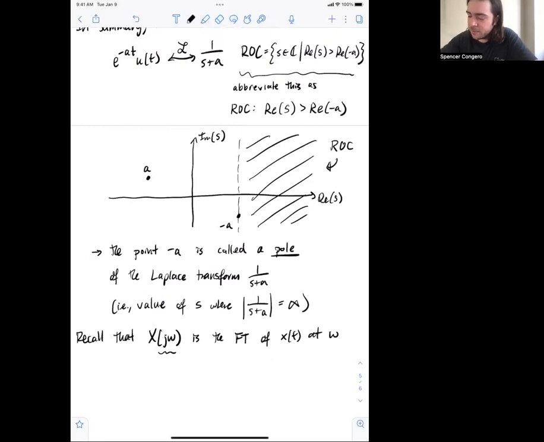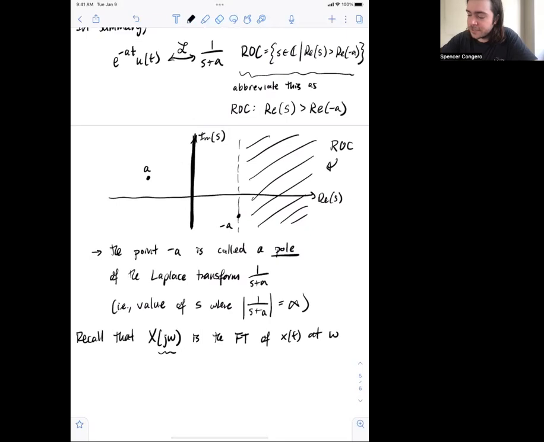So that's going to be some point on this imaginary axis. Maybe j omega is right there. When I plug in that value into the Laplace transform, I'm actually getting the Fourier transform for that omega value. So the thing to take away is that the s values to plug into the Laplace transform to get the Fourier transform are all along this imaginary axis.